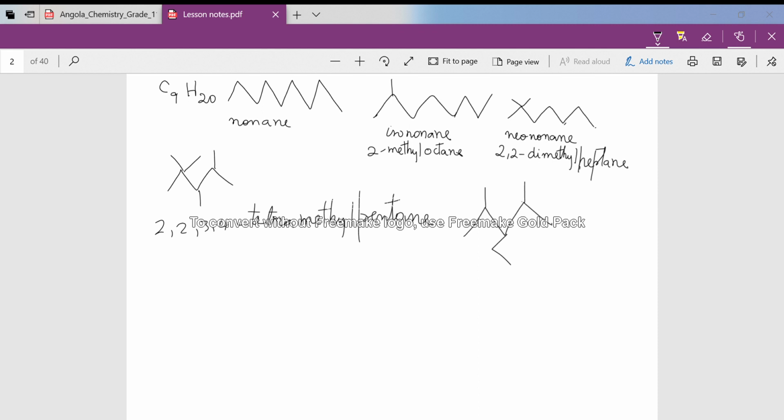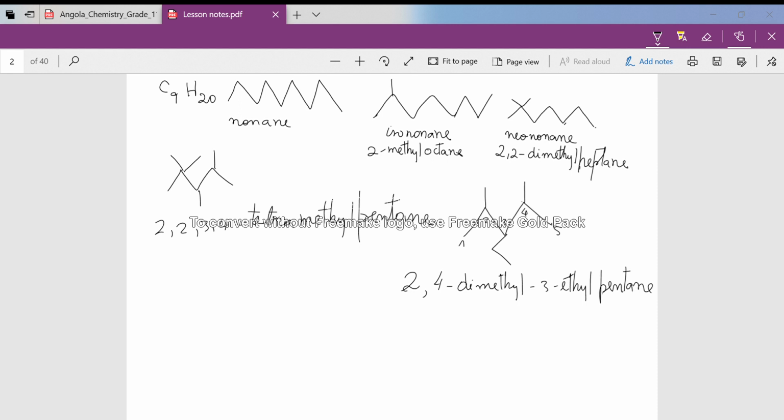So the name would be 2,4-dimethyl, and then we will have 3-ethyl, because the number is 1, 2, 3, 4, 5, so it'll be 3-ethylpentane.